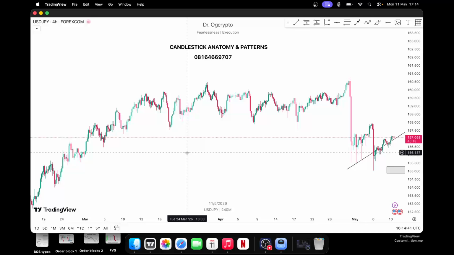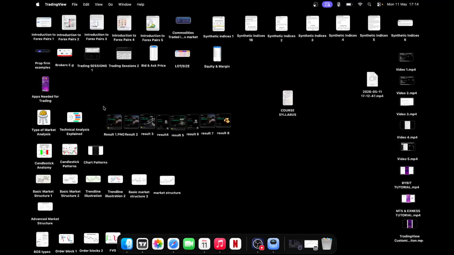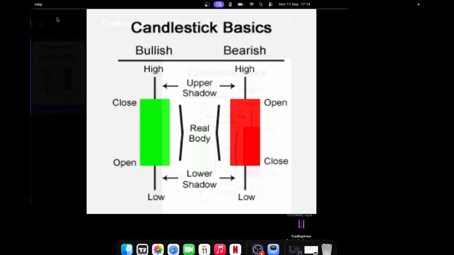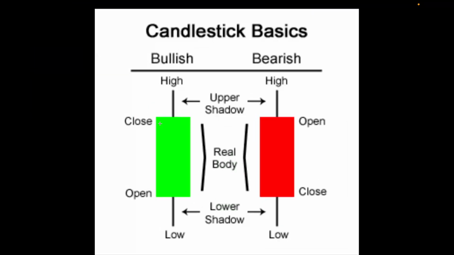So now, what is the anatomy of candlesticks? When we say anatomy, we mean the components of candlesticks, so that if someone tells you to buy from the wick, you understand what they are trying to say. You can see every candlestick has an upper part, a lower part, and a big body like this. We call these lines that you are seeing the wicks of the candle.